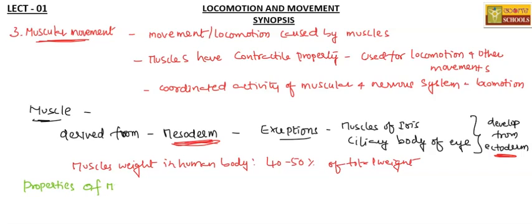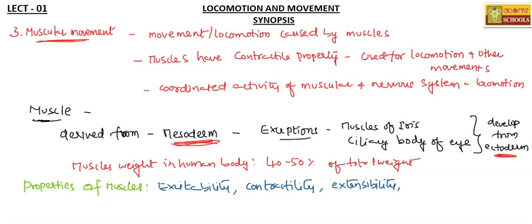The properties of muscles include excitability, contractility, means they are capable of contraction, extensibility, means they can extend, and then elasticity.